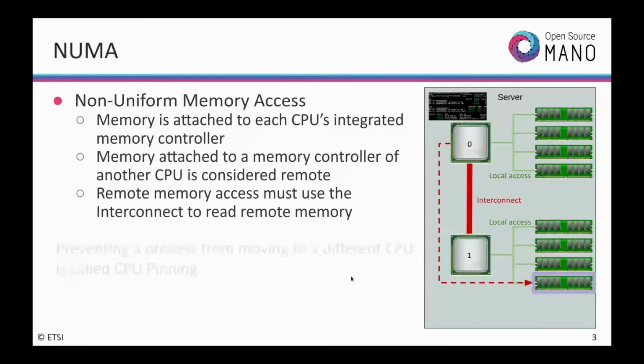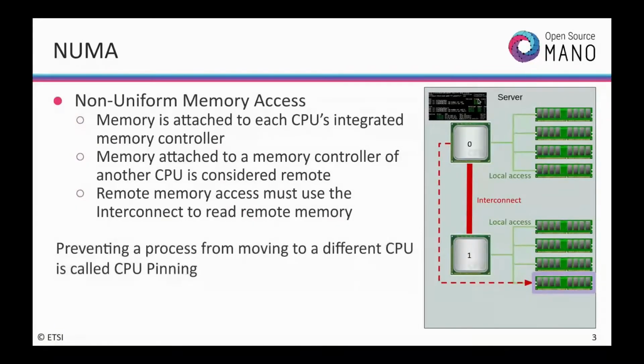So in order to prevent this interconnect from happening, what we would do is we would say, I want to pin this process to CPU number 1, so that way its memory will be local to CPU number 1, and it will never move to another CPU. It'll never have to cross this boundary in order to gain access to its memory.